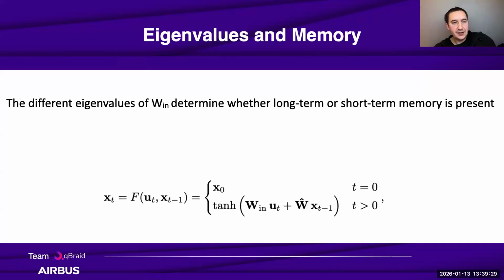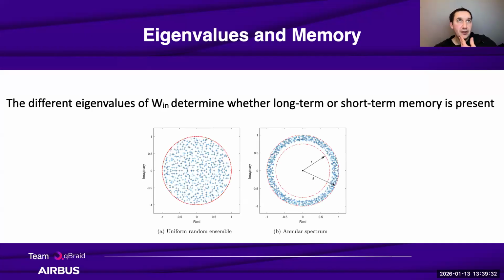So in this case, you can tune your matrix so that if you're only interested in, say, long-time dynamics, you push all your eigenvalues to the outside area. So you are not looking at any short-term dynamics. You don't have any eigenvalues greater than 1 because otherwise your vector X would explode.